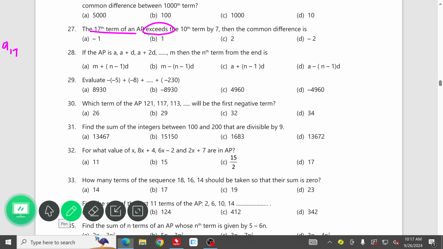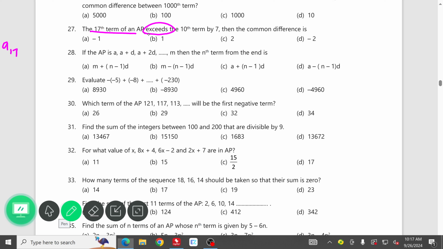So a plus 16d equals a plus 9d plus 7. The a cancels, and bringing this across, 16d minus 9d equals 7, so 7d equals 7 and d equals 1. Good. D equals 1.